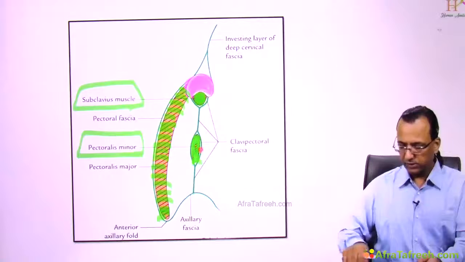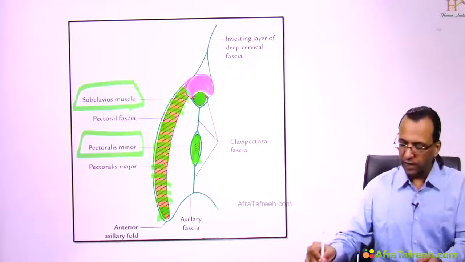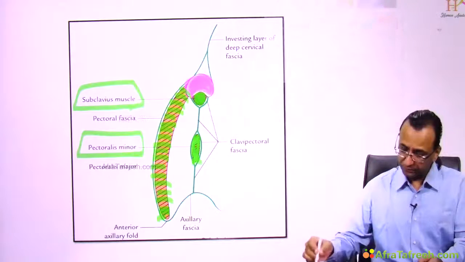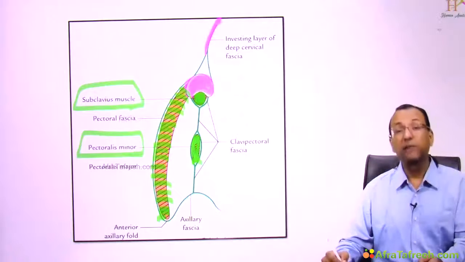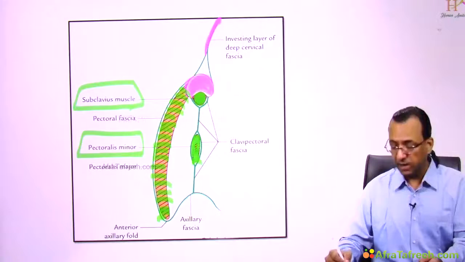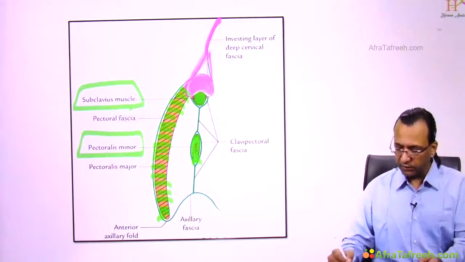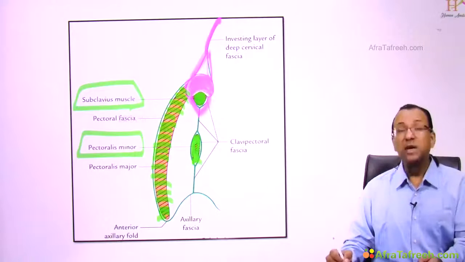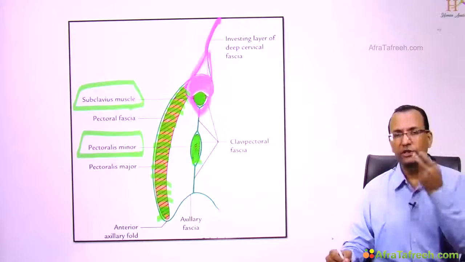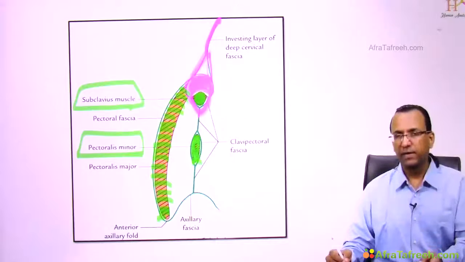And what is the next thing? Next thing you have to understand, there was some investing layer of deep cervical fascia, splitting now to enclose, not enclose, it is attaching to the clavicle bone, but inferiorly. Continuation of that fascia, you can say clavipectoral fascia, splitting to enclose the subclavius muscle.